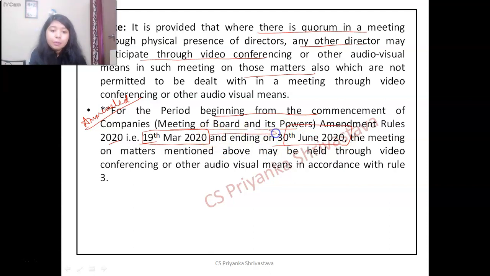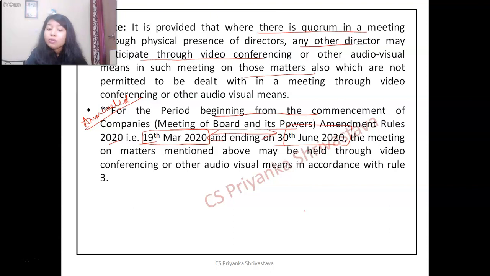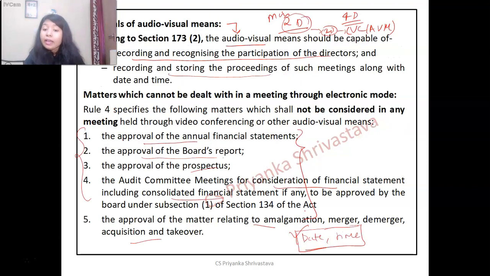For this particular period, the meeting on the matters mentioned above may be held through video conferencing or other audiovisual means in accordance with Rule 3. So during this period, even if all the directors are attending the meeting through video conferencing for conducting these matters also, it will not be considered as non-compliance of Rule 4.